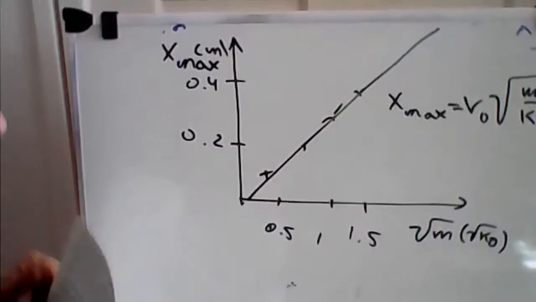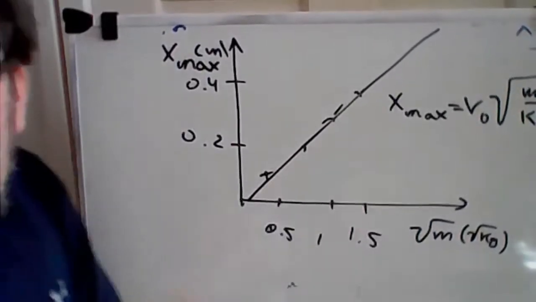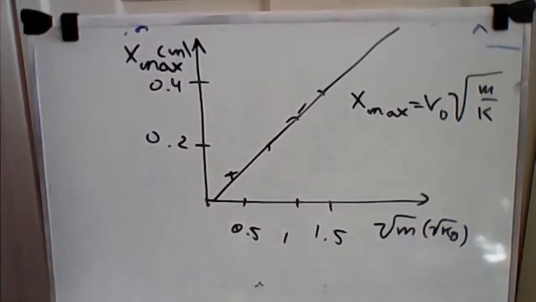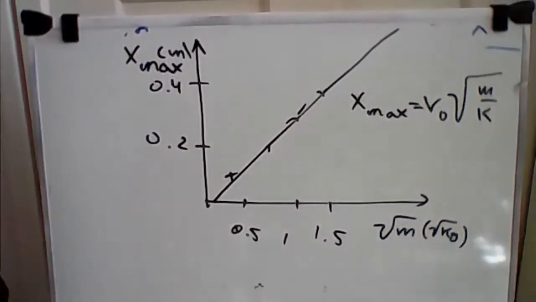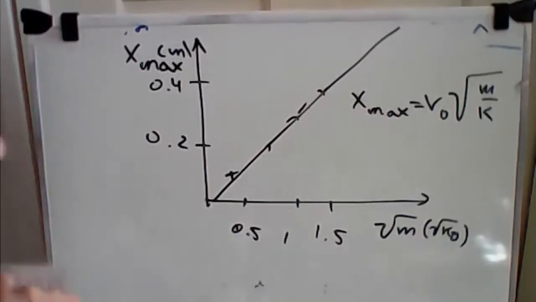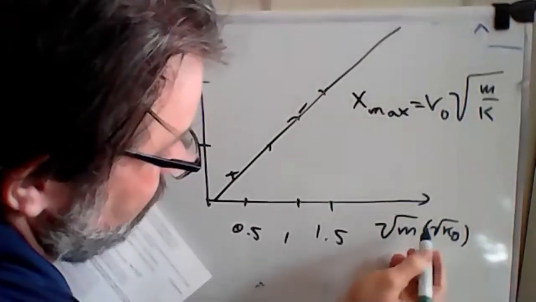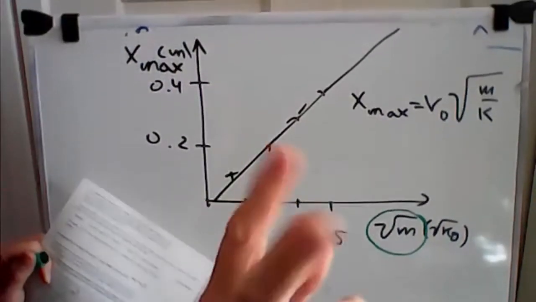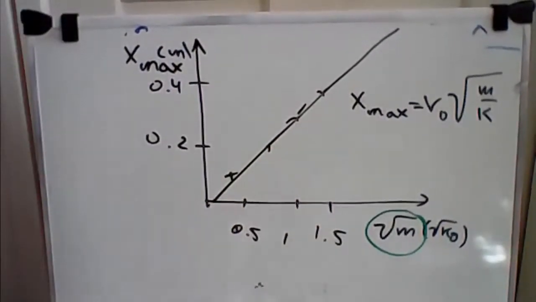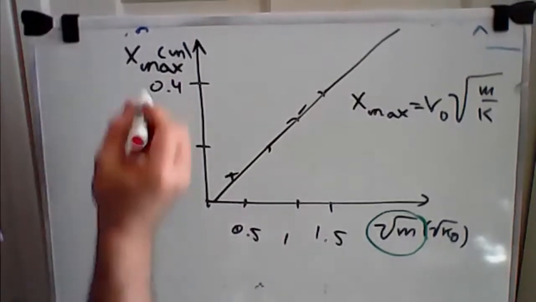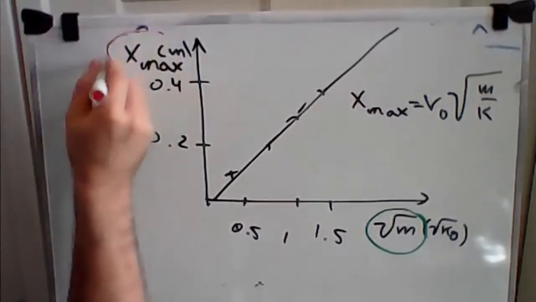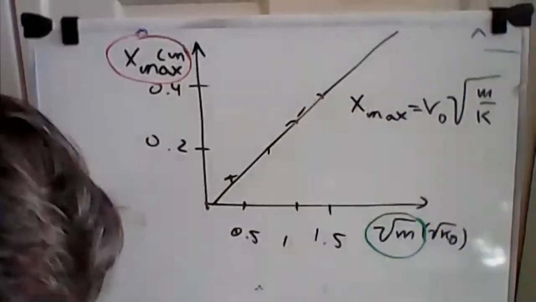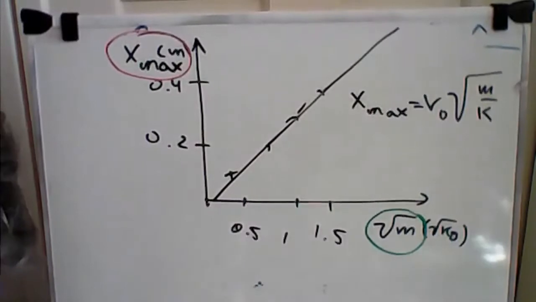There we go. Now, if you look at that, that doesn't look perfectly in shape in terms of agreeing with what we had here, which was like down here we have the square root of m as our x variable, and then over here we have x max as our y variable. And I think the confusion arises for a couple of reasons here.